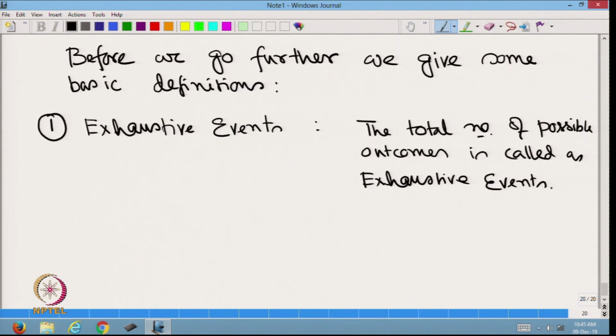Therefore, all the members of omega together give us the set of exhaustive events.